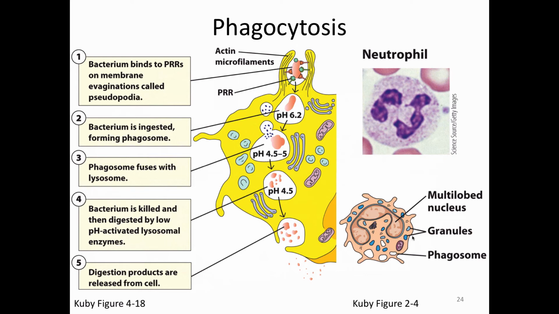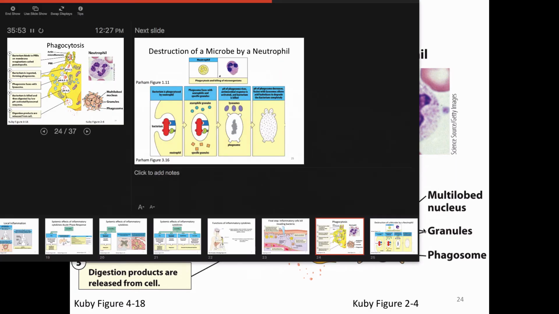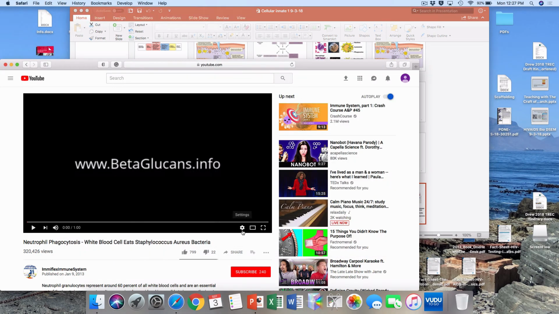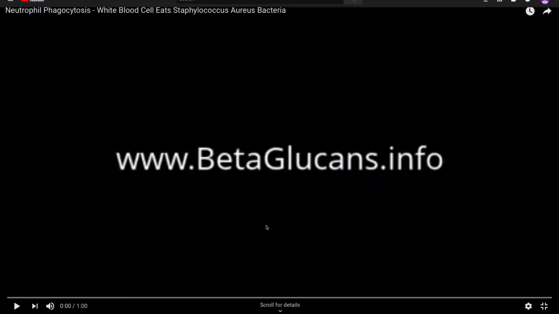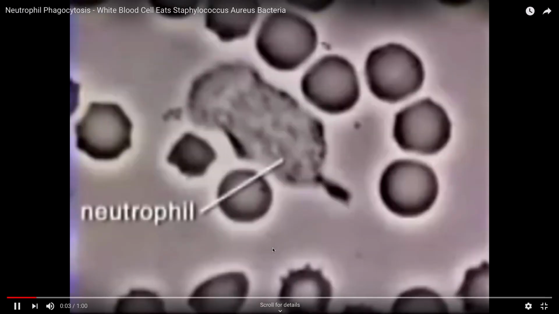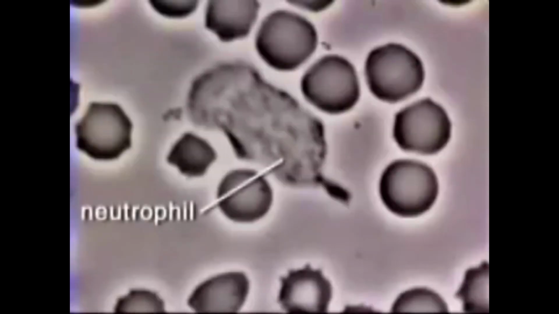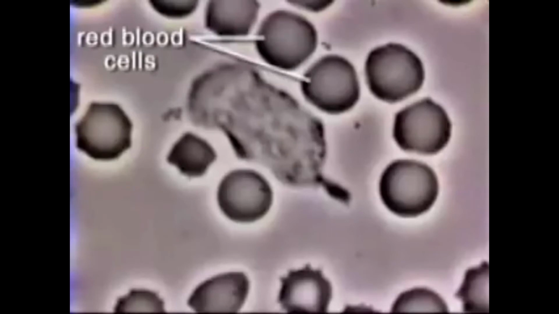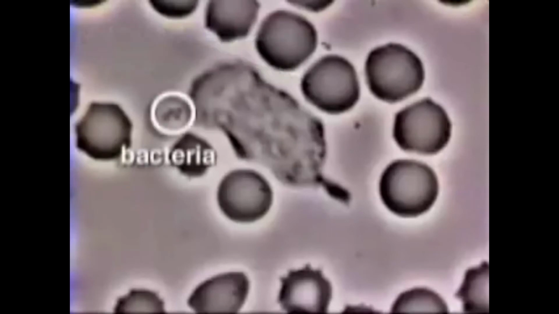Because I think every immunologist knows this by heart, I feel it is important to acculturate you so that you can see it as well. So in this video, you are going to see a neutrophil. It's in culture with some red blood cells, which are these smaller gray cells labeled there, as well as some bacteria. Specifically, this is Staph aureus.